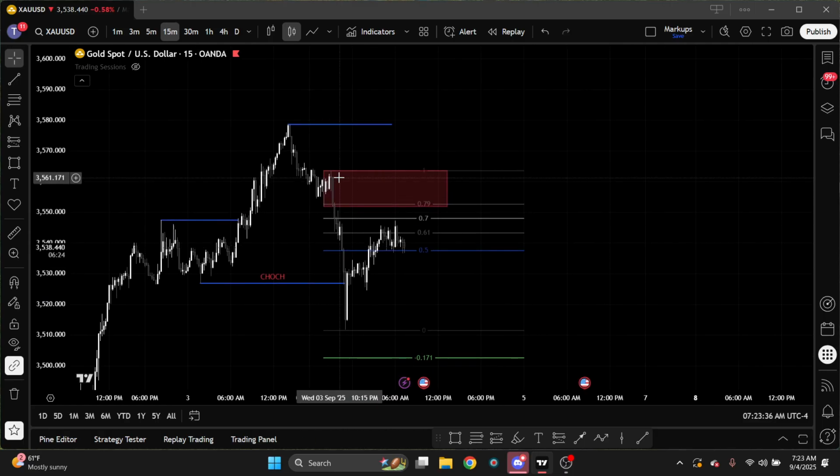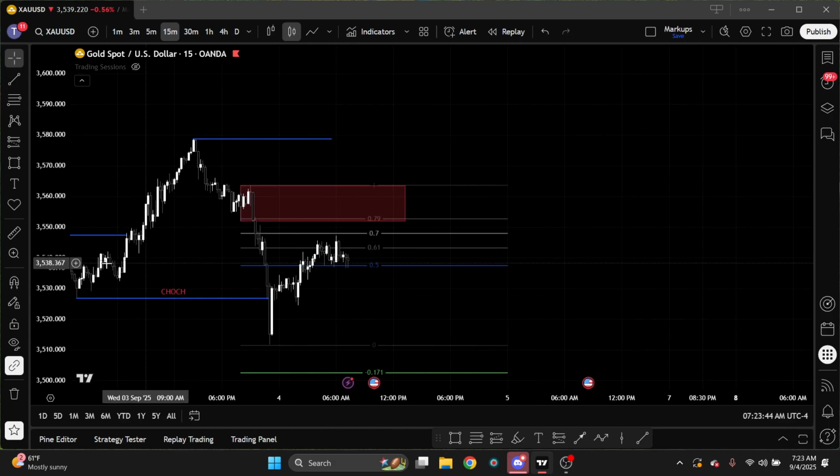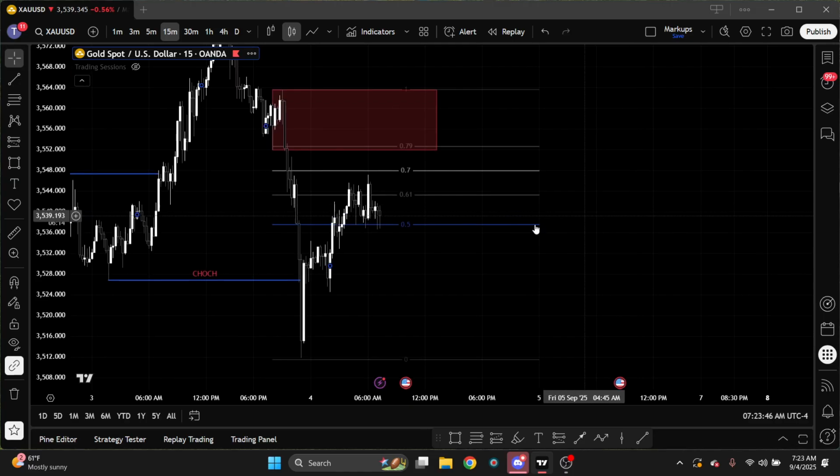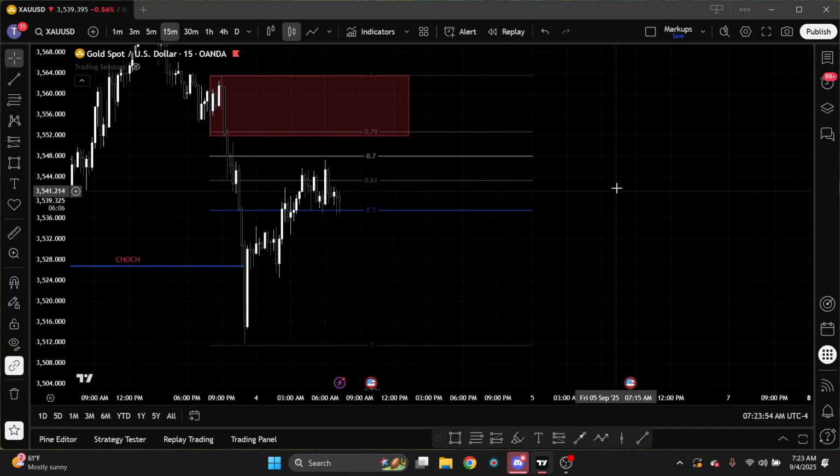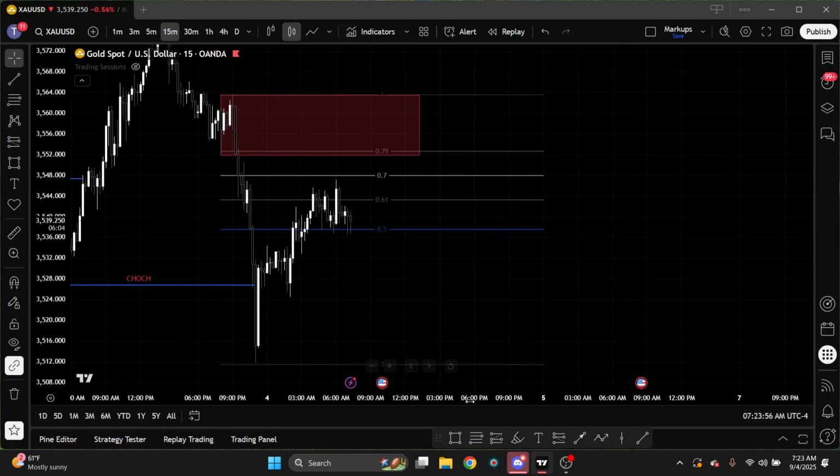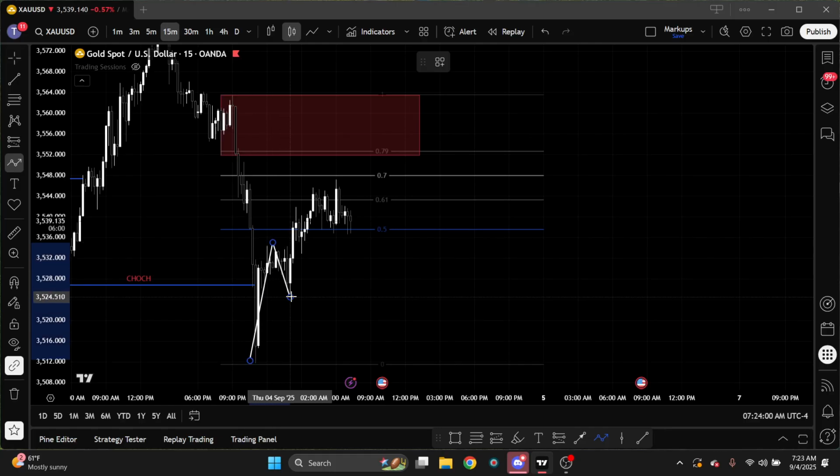So bam, draw my fib up from a supply zone. As you can see here, we tapped into our fib zone, our OTE, but we did not tap our supply zone. So what I'm gonna do now is the same thing I did on the 1 hour.